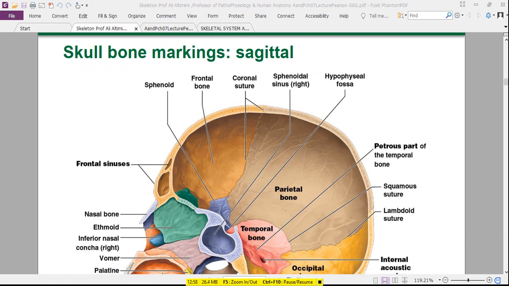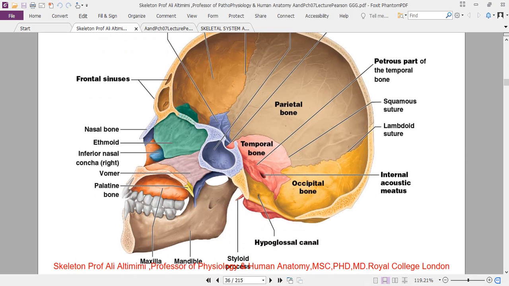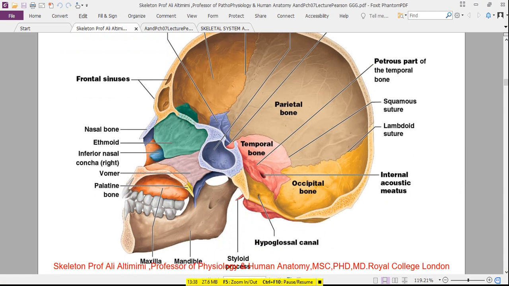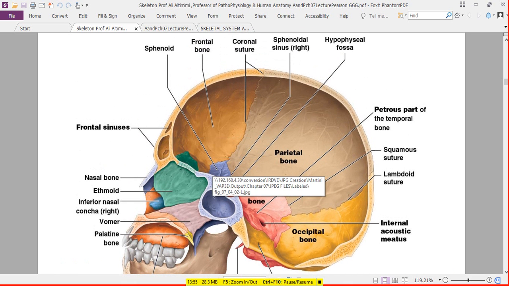And now this is the skull bone marking in the sagittal view. We can see the sphenoid, the frontal bone, the coronal suture, the sphenoid sinus, right sphenoid sinus, the hypophyseal fossa, parietal bone, temporal bone, occipital bone, the internal acoustic meatus, hypoglossal canal, styloid process, mandible, maxilla, palatine bone, vomer bone, conchae, inferior nasal conchae, right, ethmoidal bone, nasal bone, frontal sinuses, sphenoid, frontal bone, and this is the coronal suture.